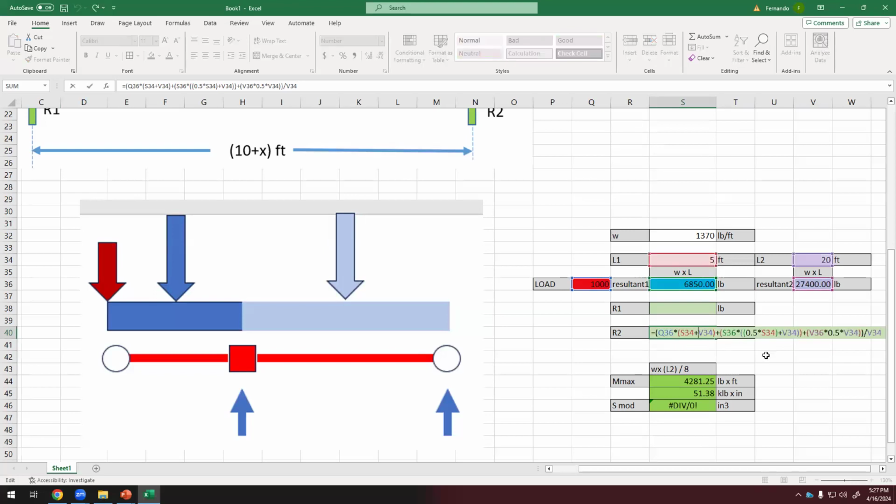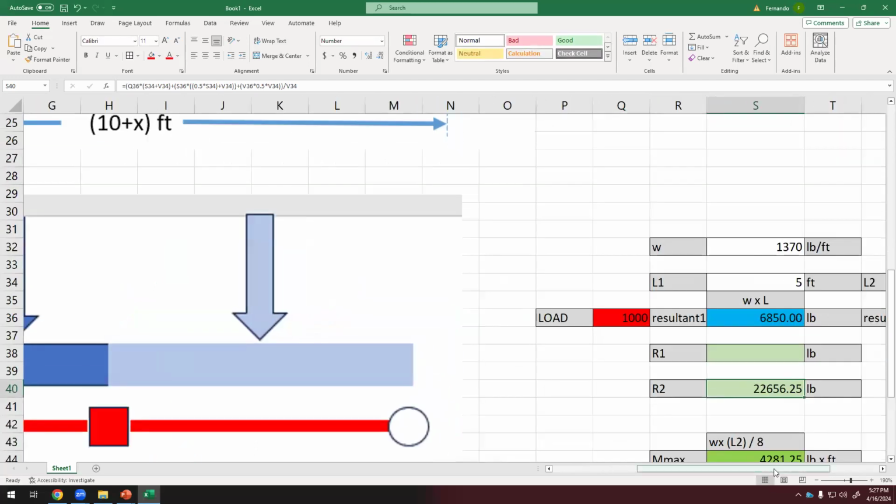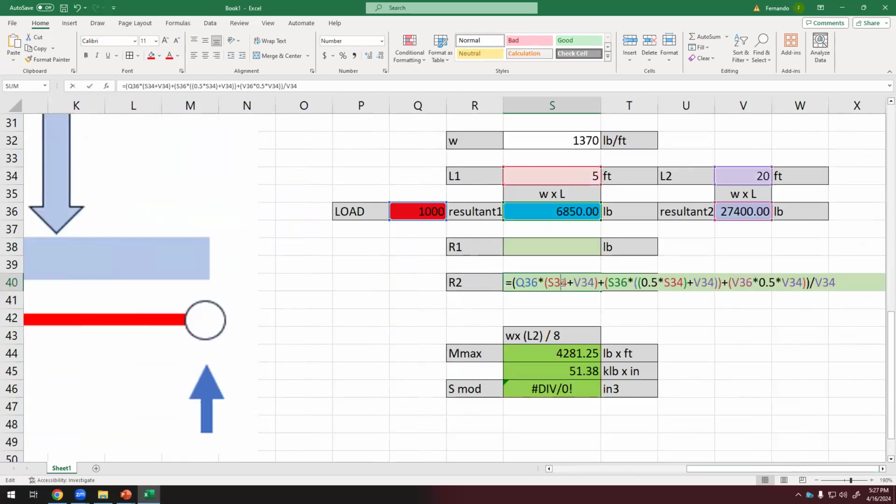The problem is that we have the same boxes many times because L1 and L2 are used a lot. Can I make this bigger? Yep, okay. If I double click here, that's way better.